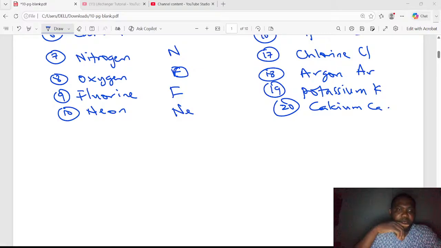Okay. So now, before I continue, I want to say this. If you notice, some of the symbols are derived from the names.